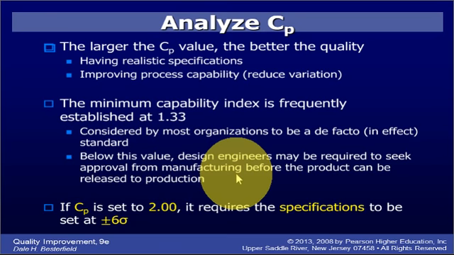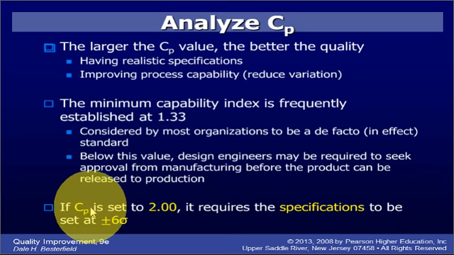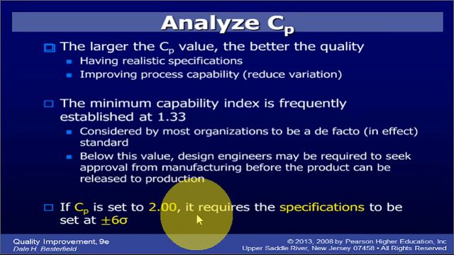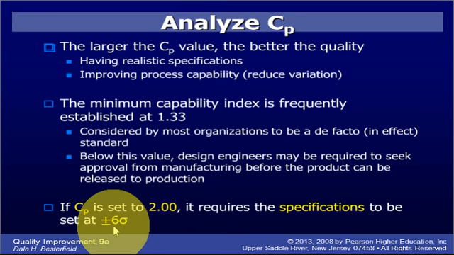So that means if the value is below 1.33, you have very small flexibility for any variations from your process to conform to the specifications. And if we want to have a higher Cp value, if we want to set the Cp value to 2, then it requires that the specifications be set at plus and minus 6 sigma.